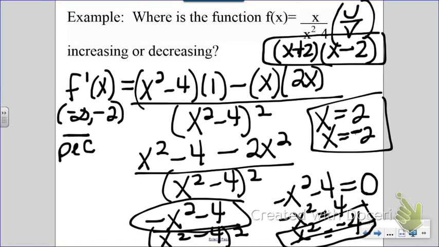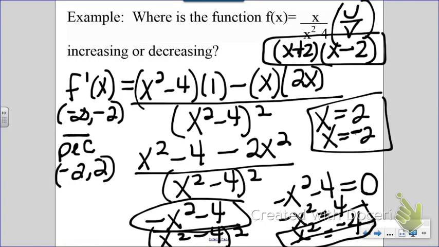Then from negative 2 to 2, we check 0, an easy one to check. 0 minus 4, negative 4, over 0 minus 4 squared is going to be positive in the denominator. So again, that's going to be negative. So we're still decreasing from negative 2 to positive 2. And then we check something bigger than 2.